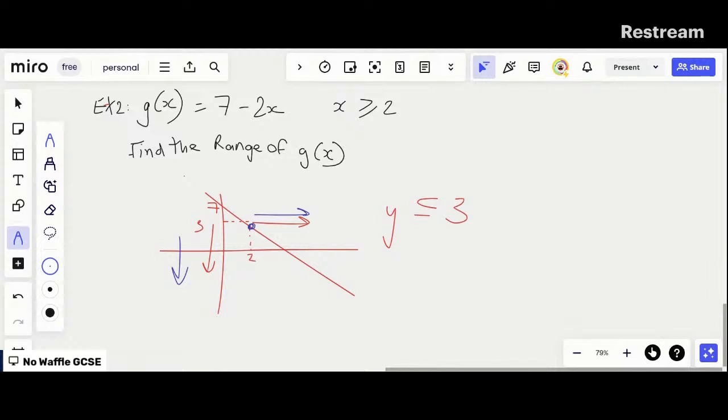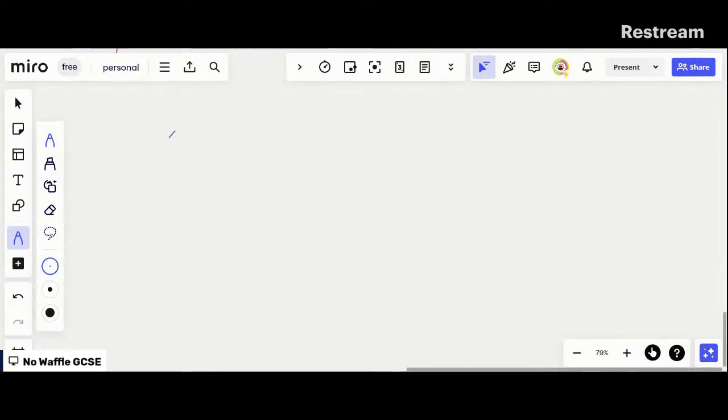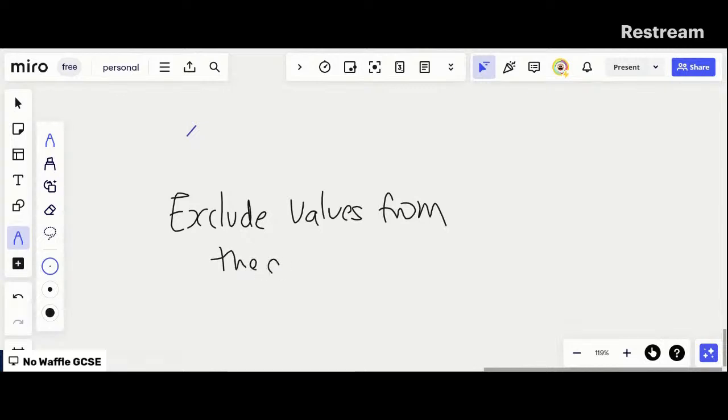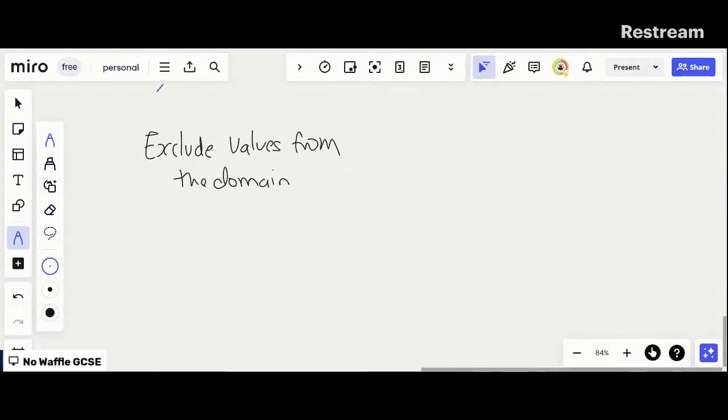Okay, so that is domain and range. Now, another key thing you need to remember about domain and range is excluding values from the domain. So why do we exclude values from the domain? Well, you've got to think of graphs which have asymptotes, for example.